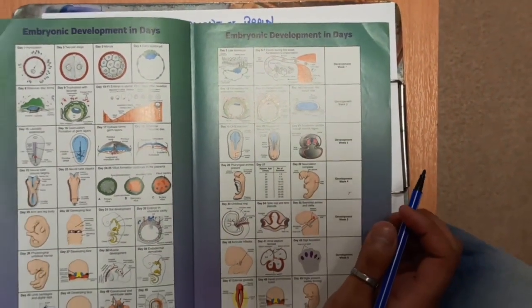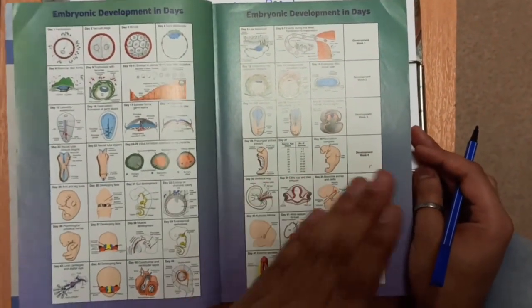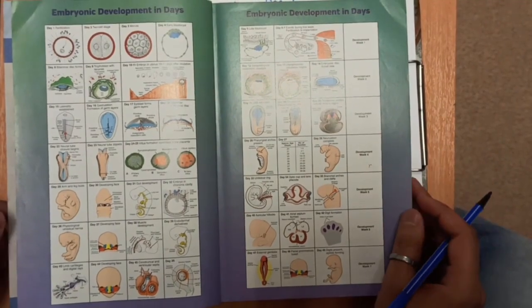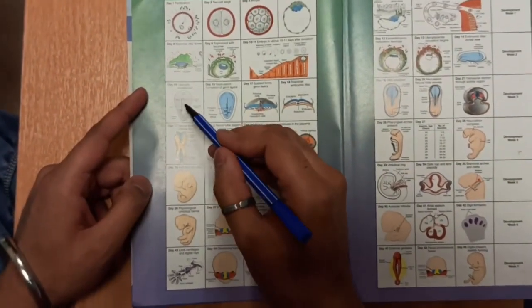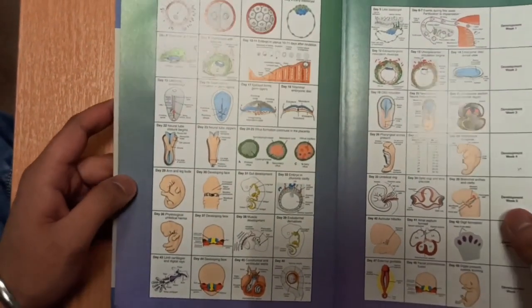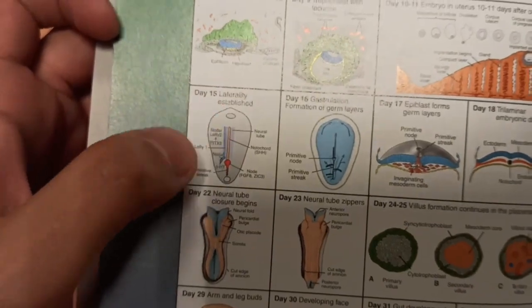In this video I will not go into detail with embryology because this is the concept of neuroanatomy. You can see on day 15 there is a small tube-like structure which has been formed here, also called the neural tube, which acts as a notochord.